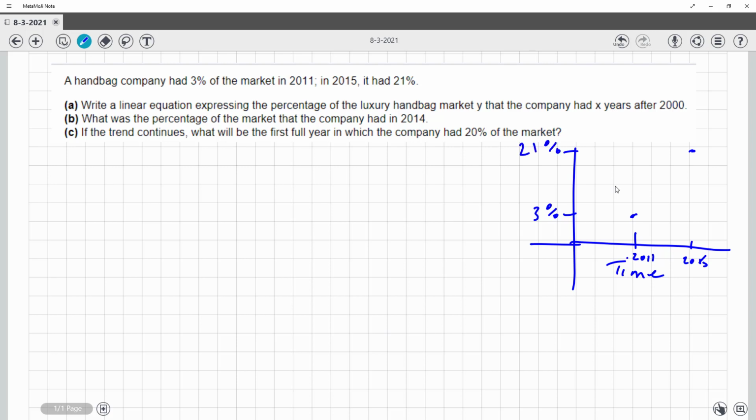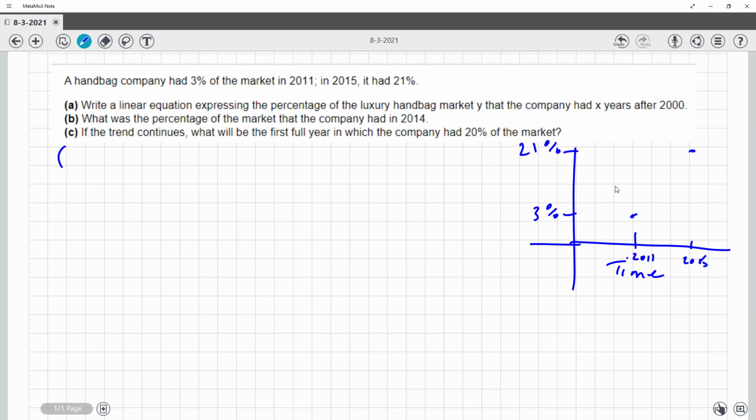But what I'm showing you is these are points, right? And so typically when we write points, you could use the whole 2011 and the whole 2015, that doesn't matter, but you will see if you took 2015 minus 2011, you would get the same thing as 15 minus 11.